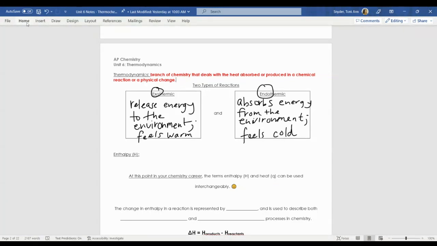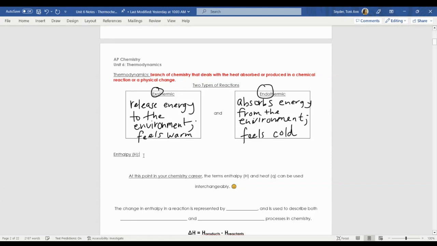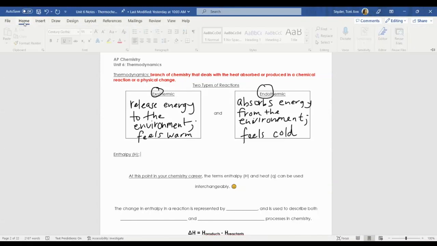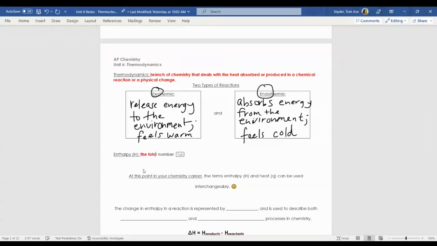Now let's talk about what enthalpy is. It's a word we haven't really talked about yet, but for us, it tends to just mean heat. So the enthalpy of something is the total heat content of a system at a constant pressure.